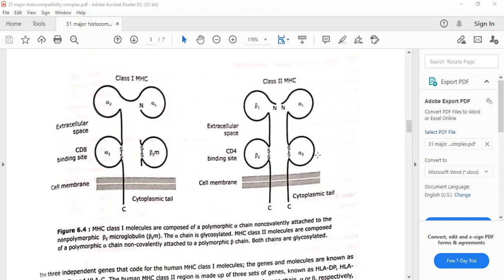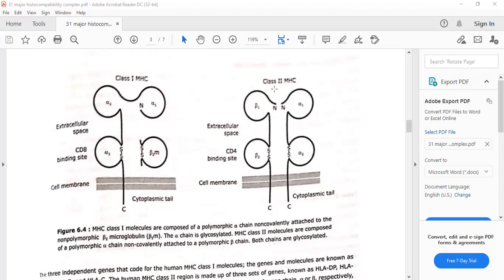This is the membrane proximal region, this is the membrane distal region, this is the transmembrane region, and this is the cytoplasmic tail. This is the region where the CD4 cell will bind, and this is the extracellular space. The peptide will bind here. Okay, it will flank here.